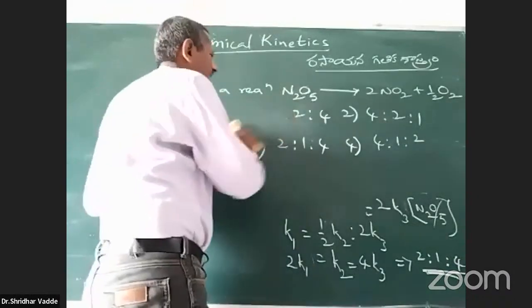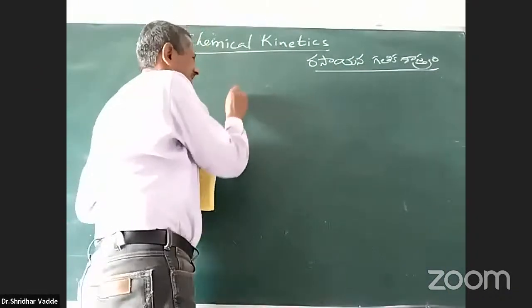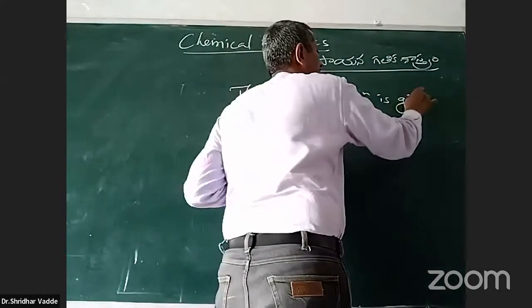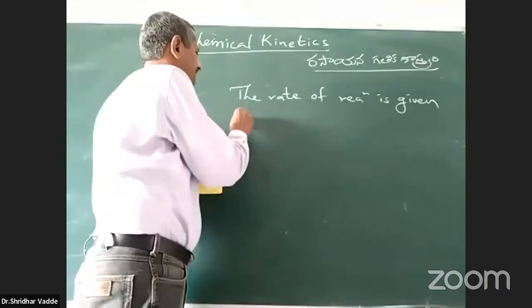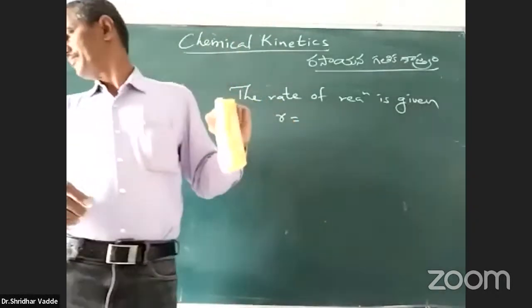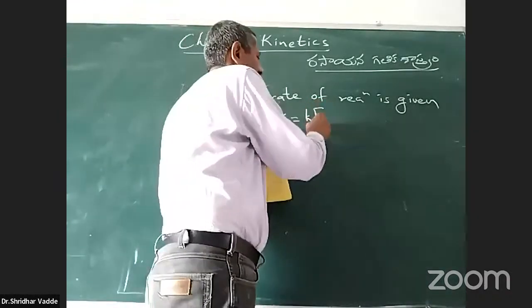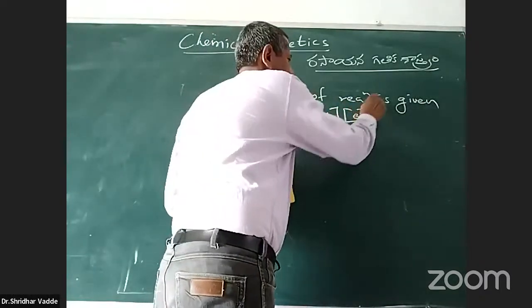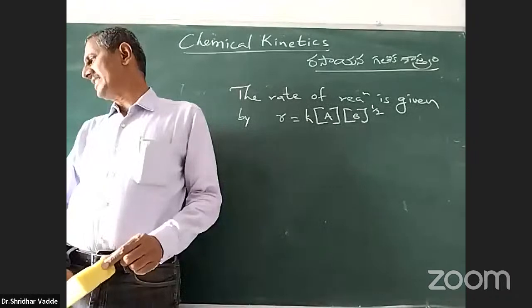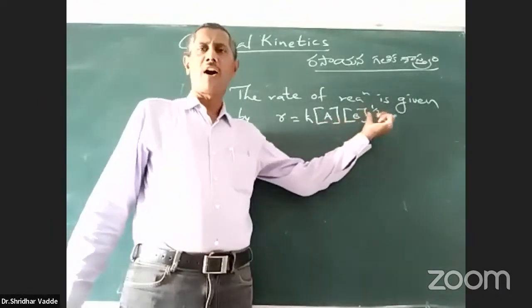The rate of reaction is given by rate is equal to K into concentration of P to the power 1 into concentration of Q to the power half.